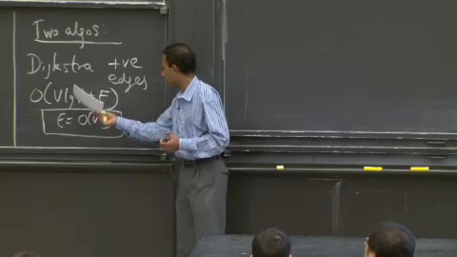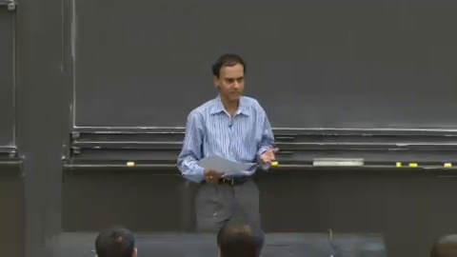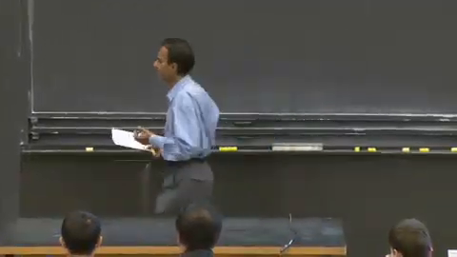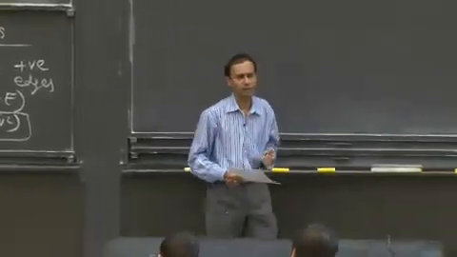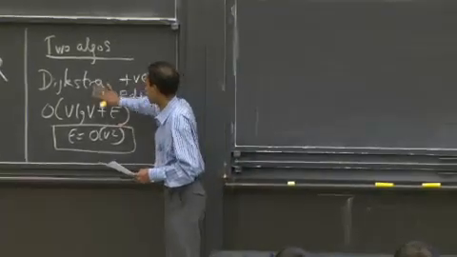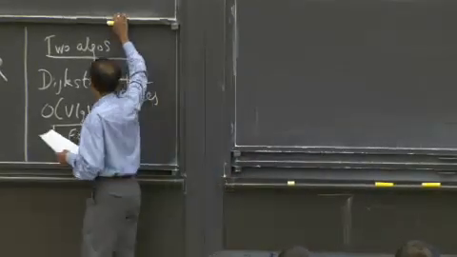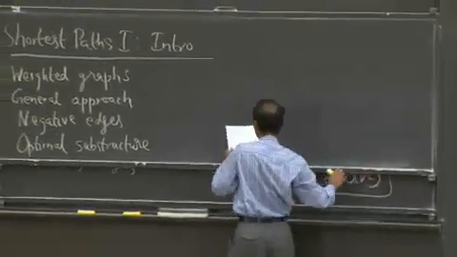And so the dominating factor here in many cases really is E. Dijkstra is a nice algorithm because it's linear in the number of edges. So that's Dijkstra, the first of the algorithms that we'll look at next time, though we'll see the general structure of Dijkstra today.